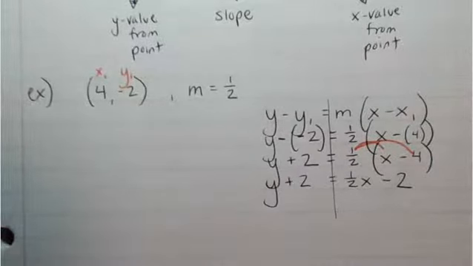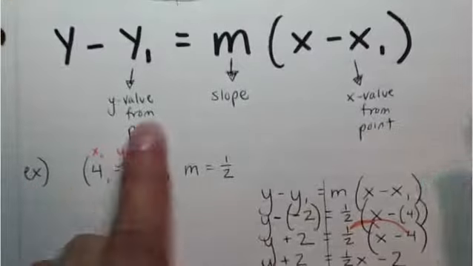And my last step here is to get y by itself, because again I want to get it into y equals mx plus b. Why would I want to get it into y equals mx plus b? Because when it's in that form, slope-intercept form, then I can plug it in my calculator, I can find out all the other points on that line, I can do a lot of things. We always want to get it into y equals mx plus b.